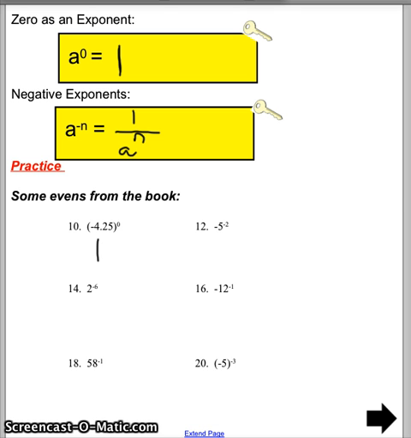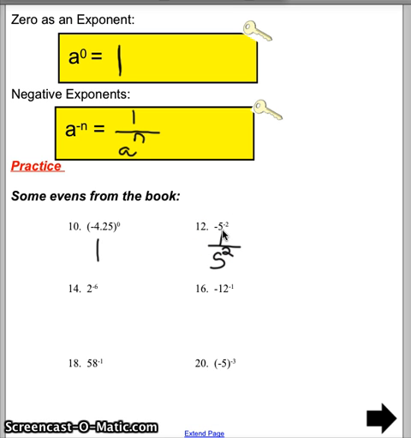Negative 5 to the negative 2 power. So again, you can type this into your calculator, but what I also want you to realize is what's going on here. That negative 2 power is telling me it is going to drag that 5 squared down to the bottom, all right? So we'll have a 1 on top.